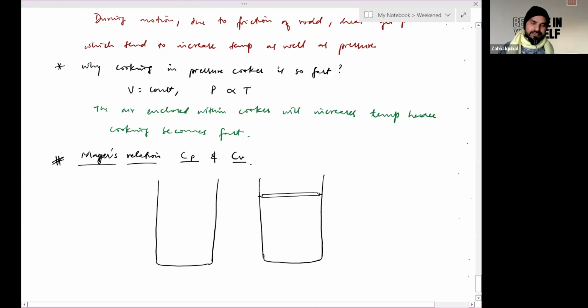Its piston is fixed, and in this part, the piston is in movable state.